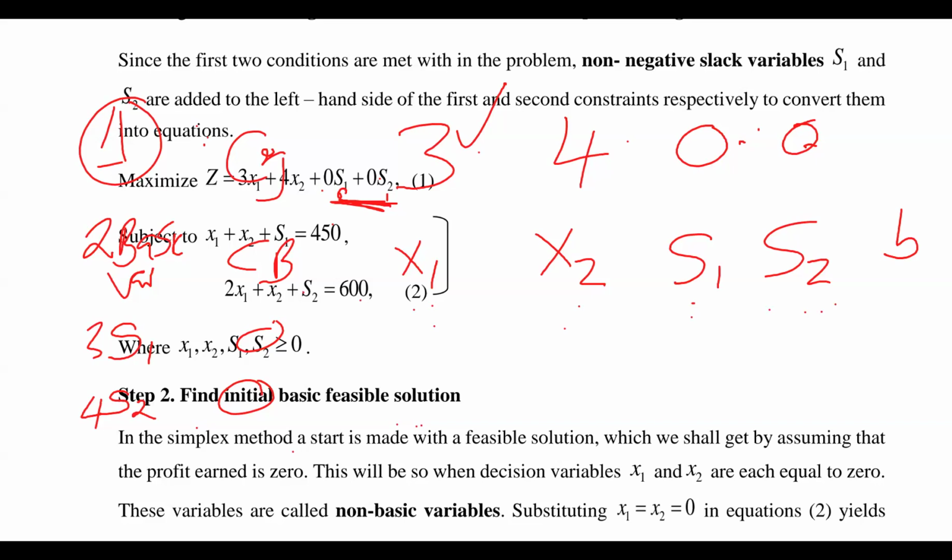So these are just the basic coefficients. The function is this one. We say it is 3x1 plus 4x2 plus 0s1 plus 0s2. See what I mean?